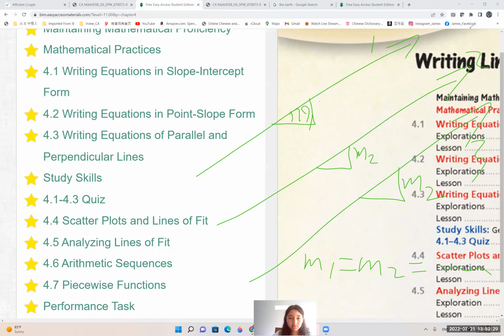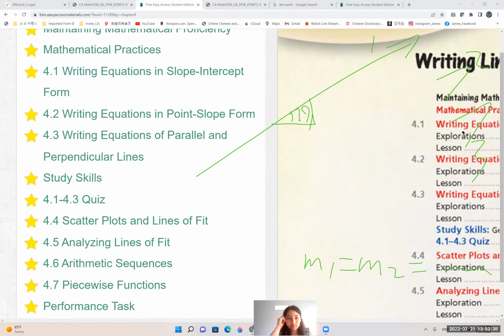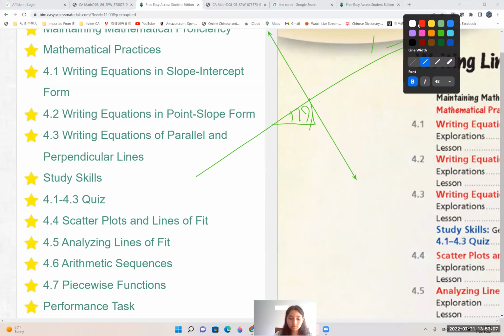Then for perpendicular lines, let me draw a perpendicular line. So this is a perpendicular line, right?